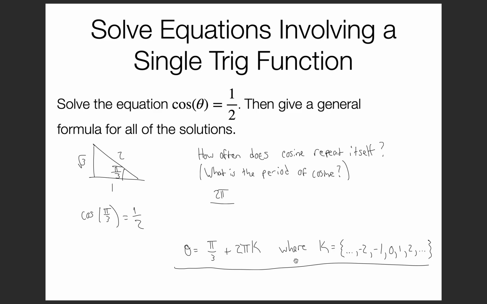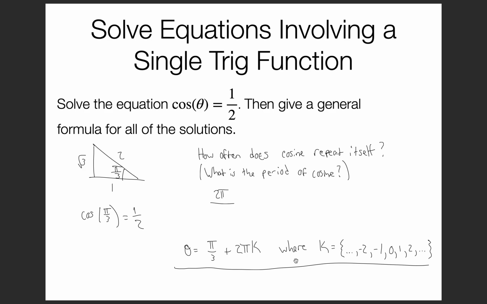Great, so that's our first solution, but I want all the solutions. So remember that cosine repeats itself every so often. It has a period, so it repeats every whatever length of space, and every so often it's going to equal 1/2 again.